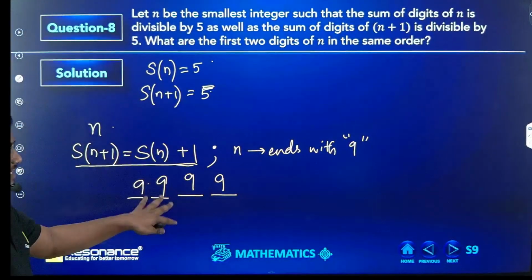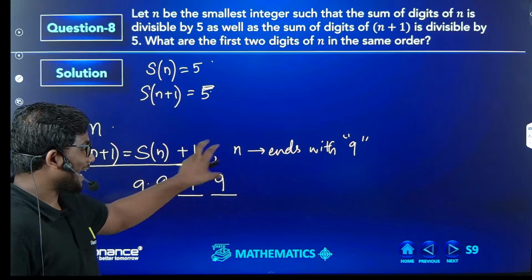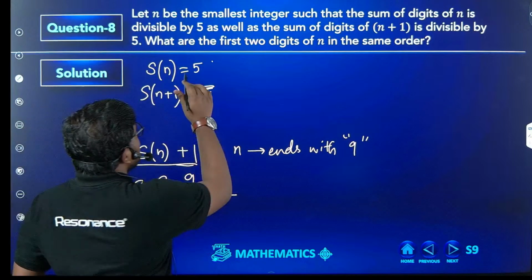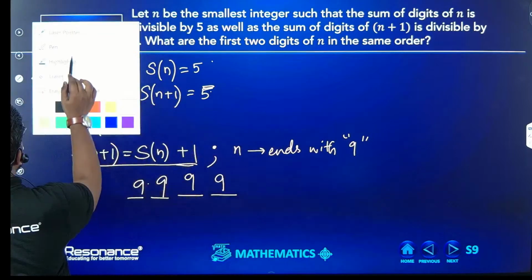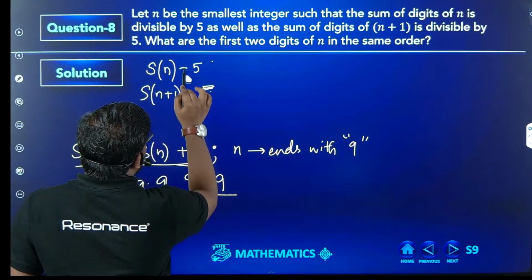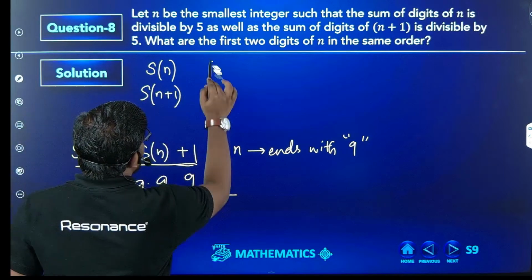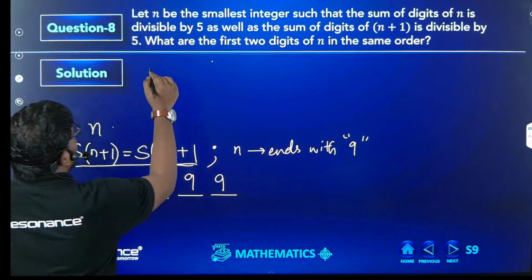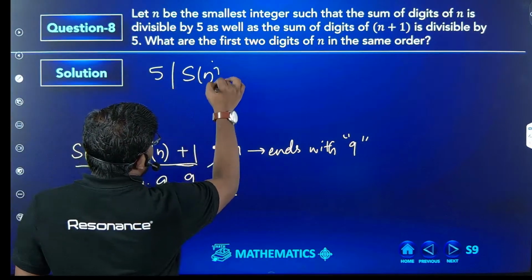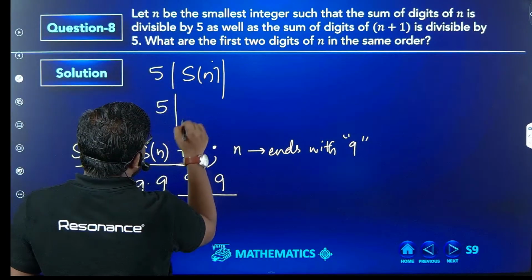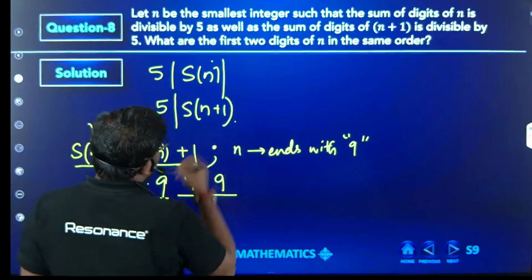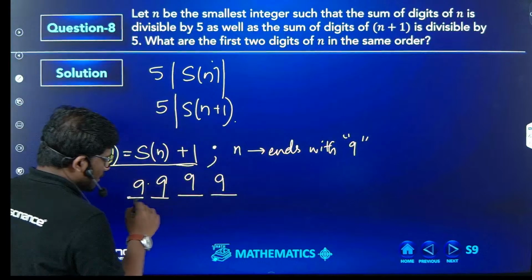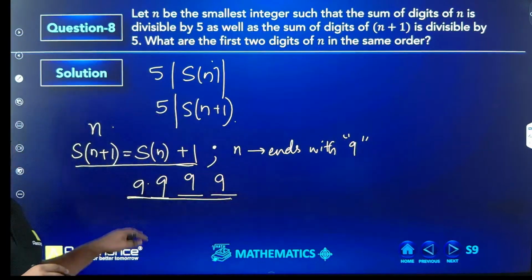The logic initially states that whenever there is a 1 carrying forward, the sum of the digits changes, but since we are given that 5 divides S(n) and 5 divides S(n+1), going forward with this logic, we arrive at the conclusion that there should definitely be four 9s at the end of the number.